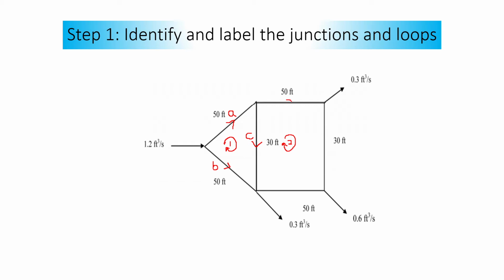You start with this pipe, which you name pipe D. Then you have another pipe here going in this direction, and this is pipe E. And one last pipe, this is pipe F. It really depends on you.